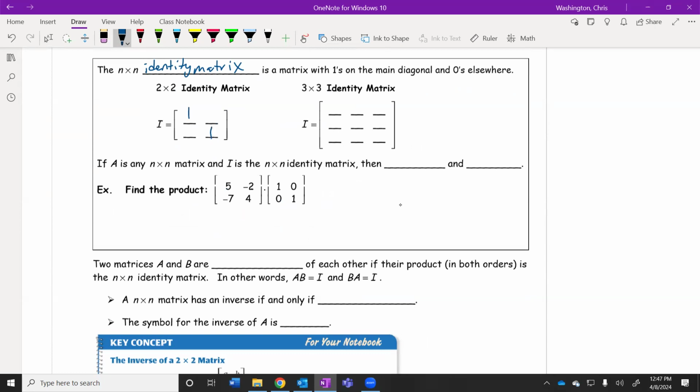It's got to be a square matrix, and it's going to have zeros literally everywhere else. Why do we need to talk about this identity matrix? It's going to come up again when we start talking about inverses. So this is why we talk about the identity matrix now.